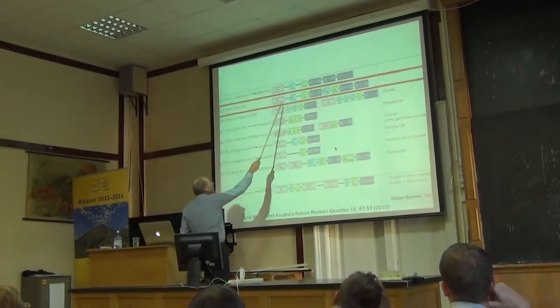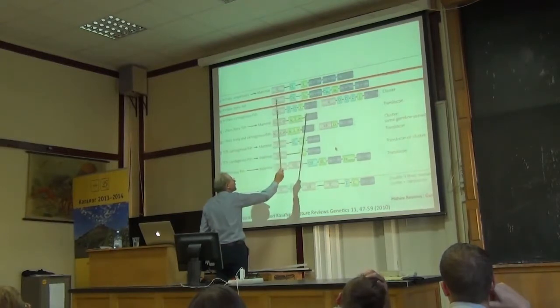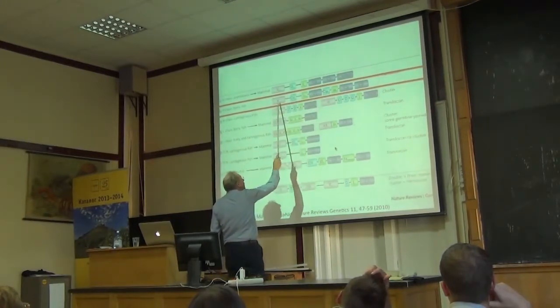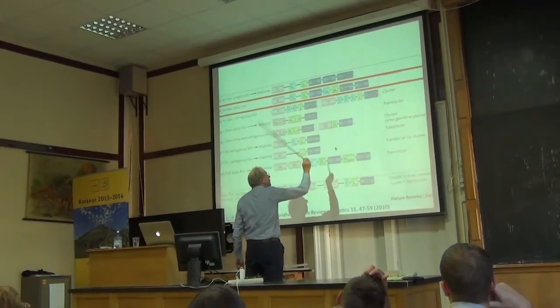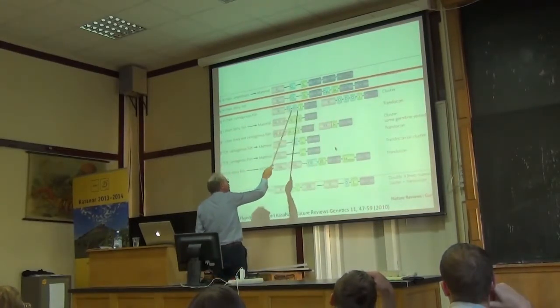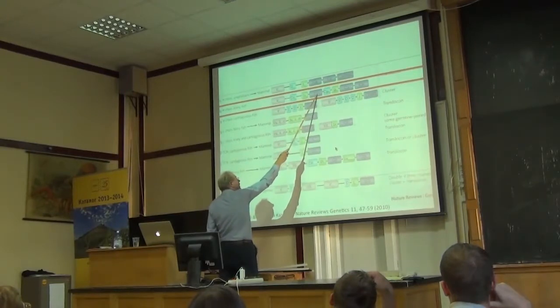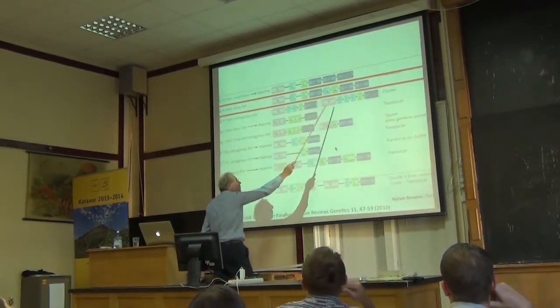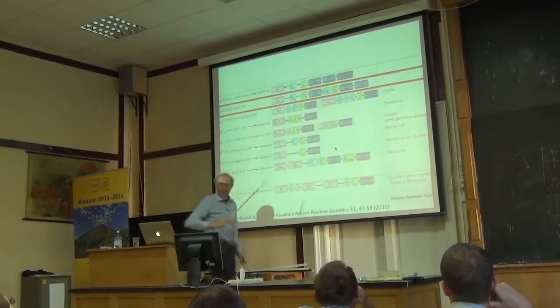They can use VDJ to this, or they can use VDJ to this. And this is just a splicing. So they have two versions, the theta or Z isoform or the mu or delta isoform.